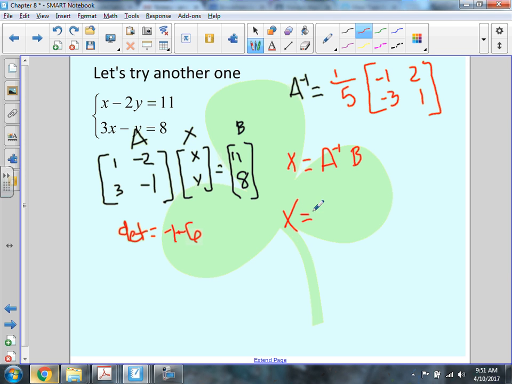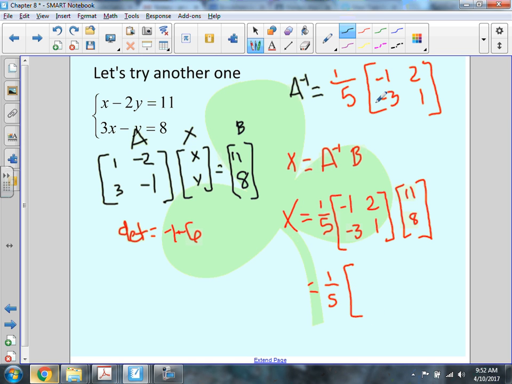So then X equals A inverse B. Again, I'm going to multiply the matrices together first, row by column. So I get negative 11 plus 16 is 5.